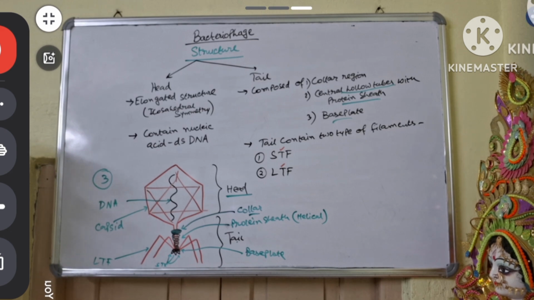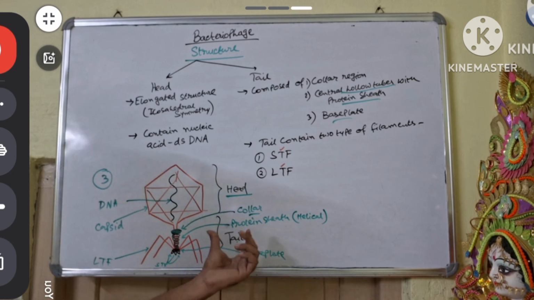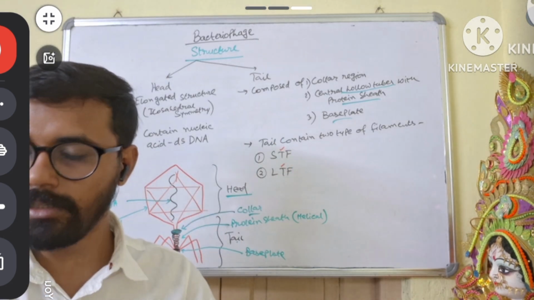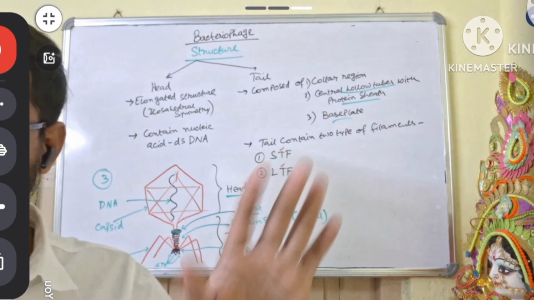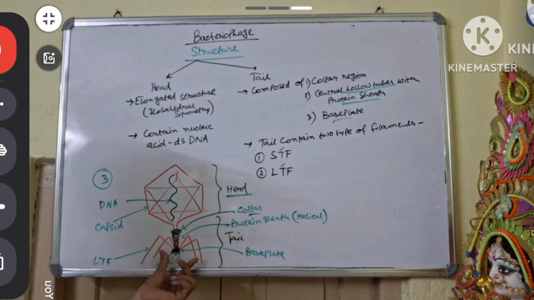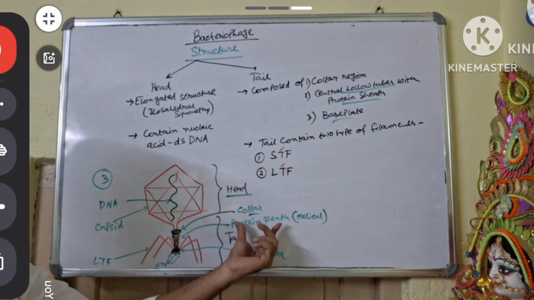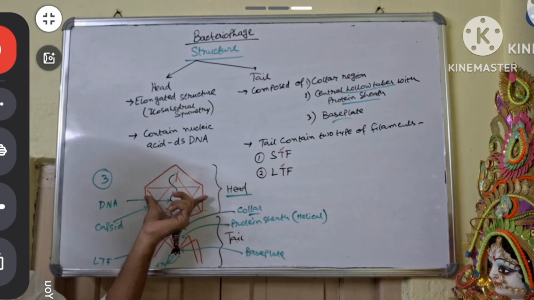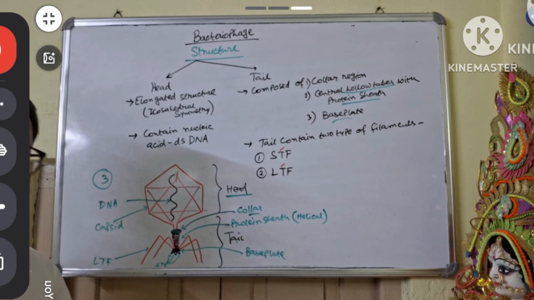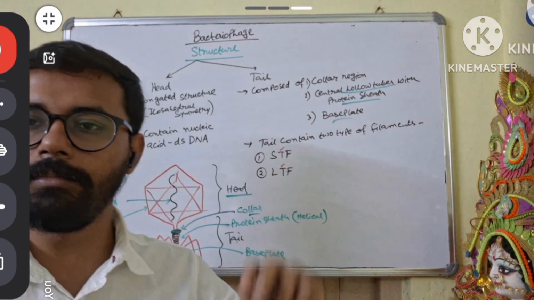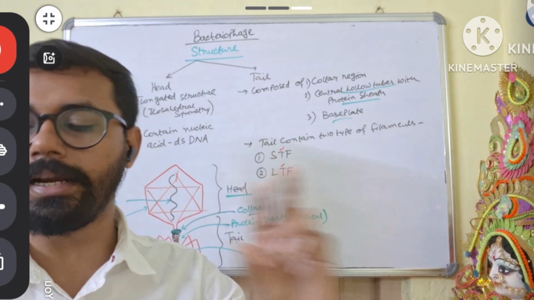During the infection cycle, the tail part is involved in the attachment process. First, it attaches to the bacterial surface by the tail, LTF and STF. The head contains DNA, and the protein sheath here acts as an injectable, means it can contract.